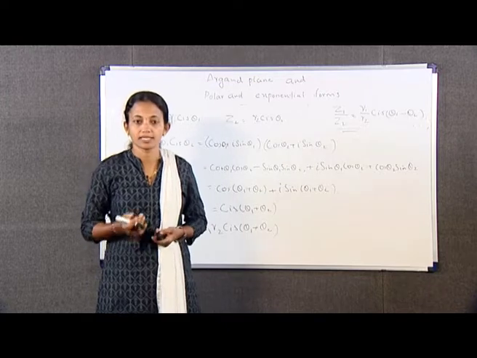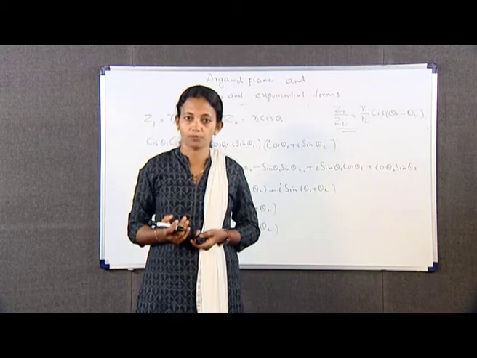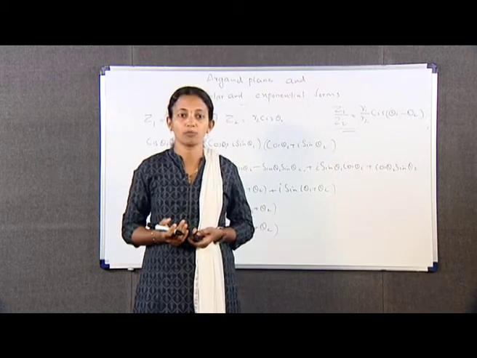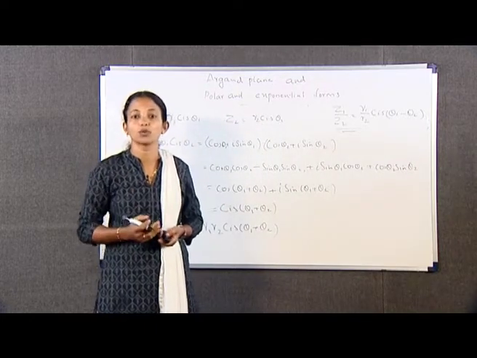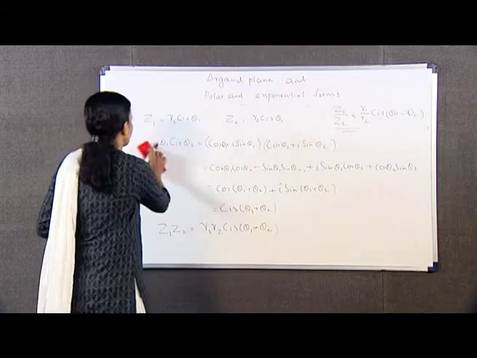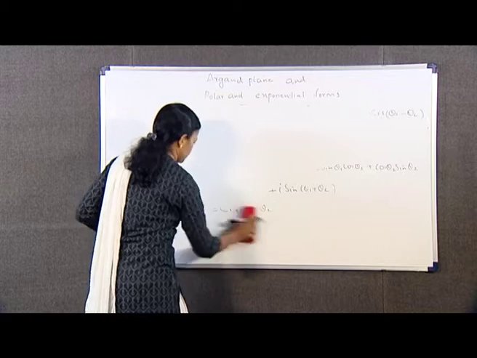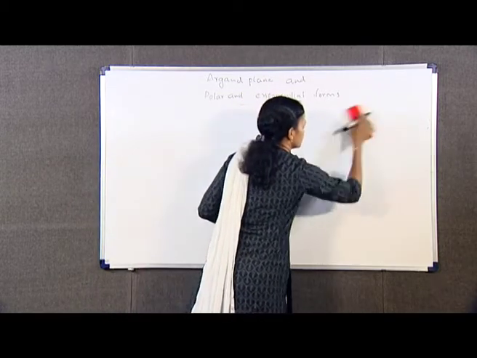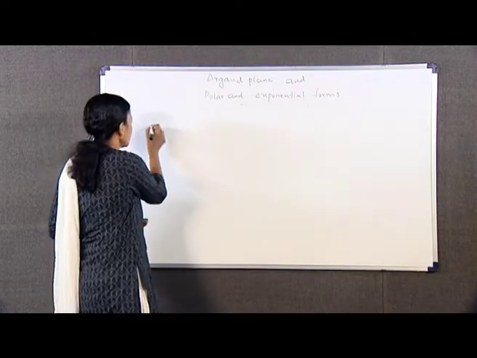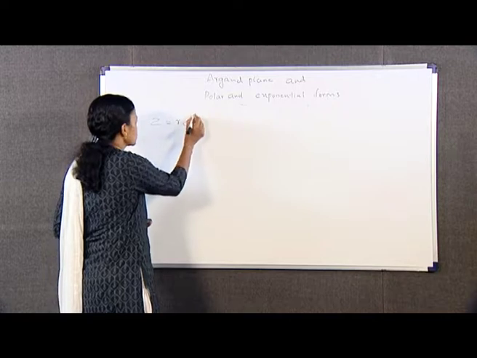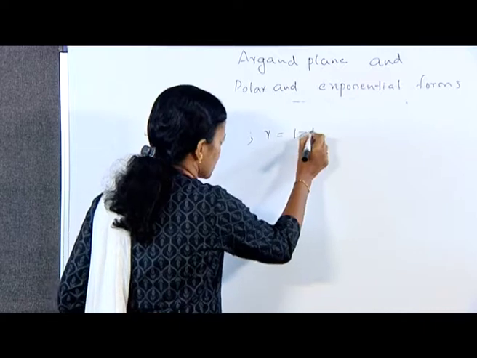With this, a complex number Z equal to R cos theta plus i sin theta in polar form can be written in the exponential form Z is equal to R e raised to i theta, where R is equal to mod Z.